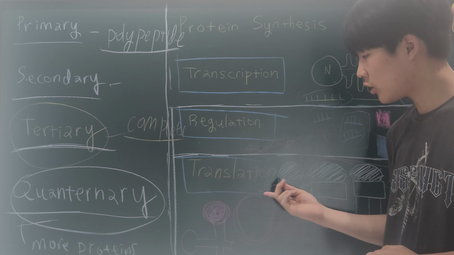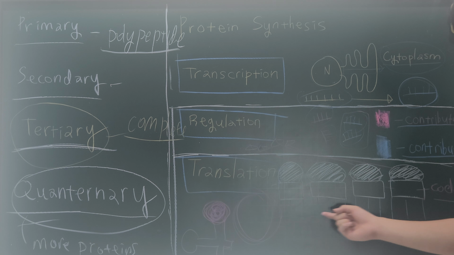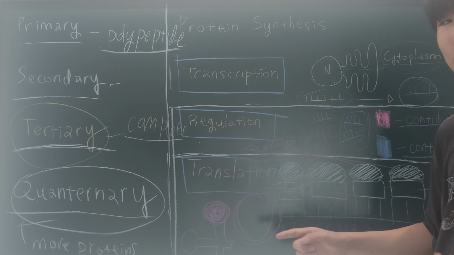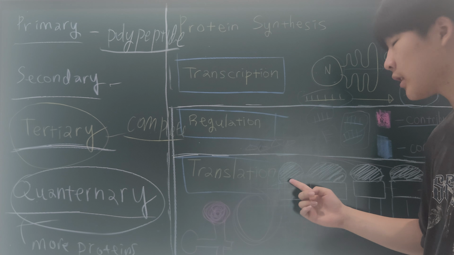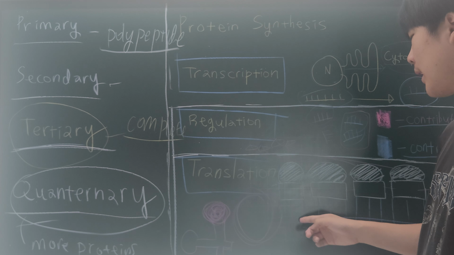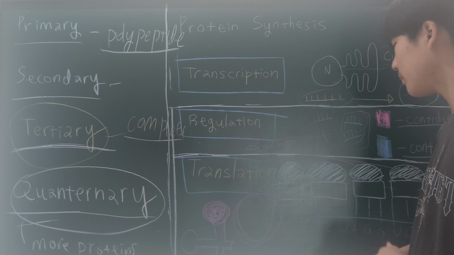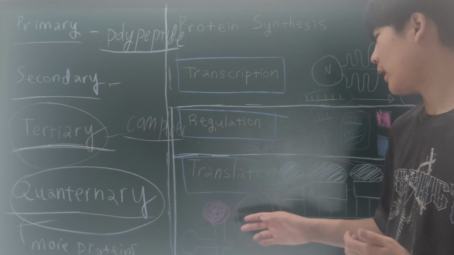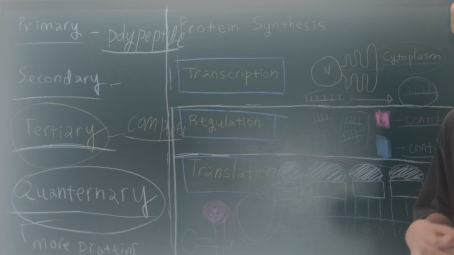Finally, in the translation phase, the mRNA strand connects with tRNA represented as codons, and with the support of ribosomes, it forms an amino acid chain known as the polypeptide, the first form of proteins.